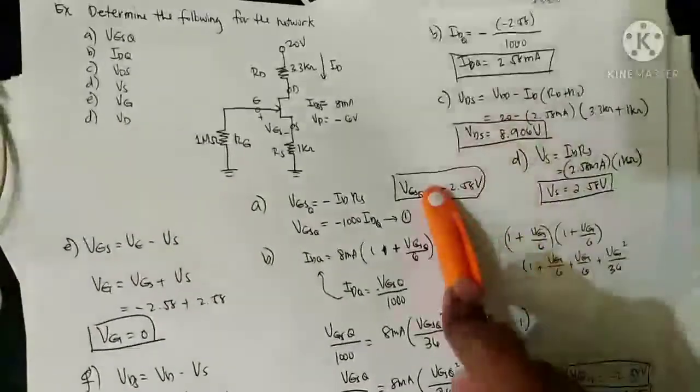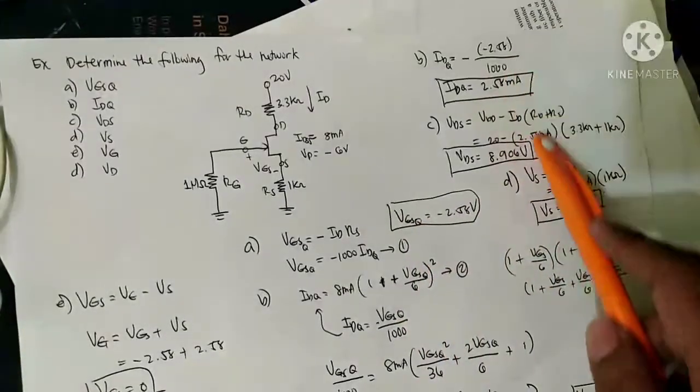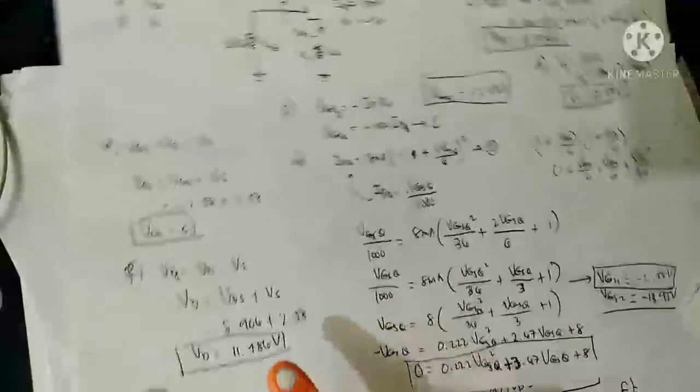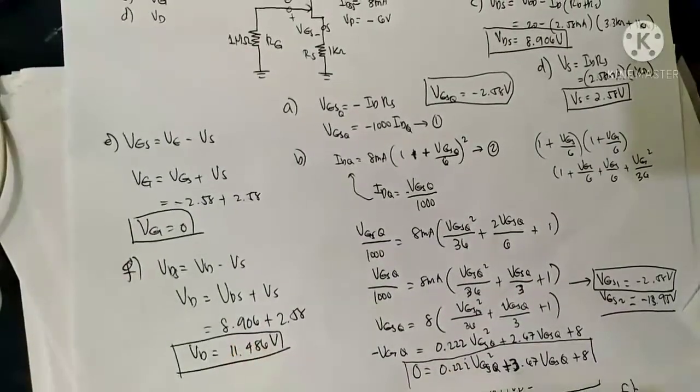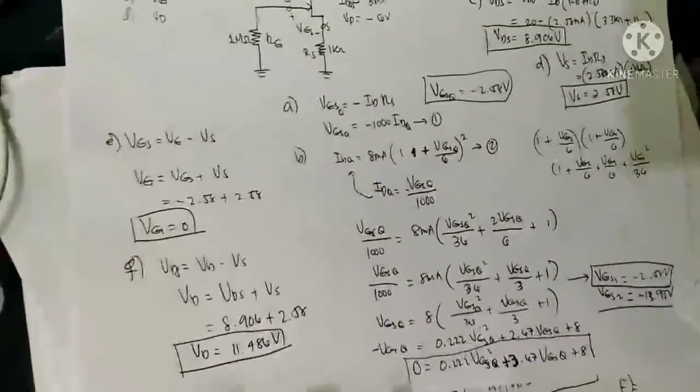From the formula, VGS is equal to VG minus VS, so VG is equal to VGS plus VS. So VGS is negative 2.58 plus 2.58. Therefore VG is equal to 0.